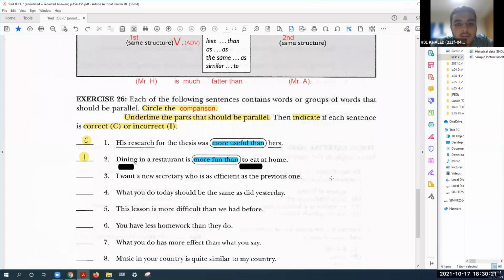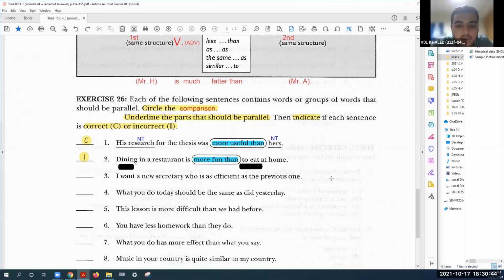And then before the comparison, what's necessary before it? Verb, was. We have a verb, right? Yes. Now, what about the structure? His research, and hers. Good. Bingo. Why is that one on the right? How come? Why is that a noun thing? Hers.